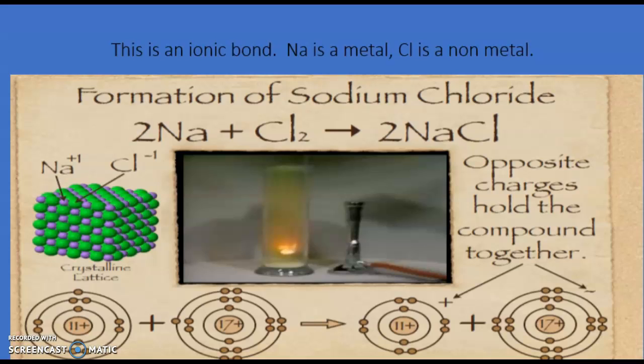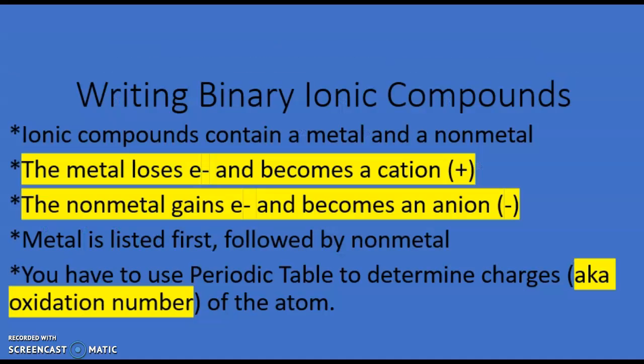Sodium has a valence electron to give, and chlorine needs 1 because it's in group 7. So if you take 2 sodiums and bond them with 1 chlorine, you're going to get an ionic bond resulting in sodium chloride. So it's very easy to write binary ionic compounds.